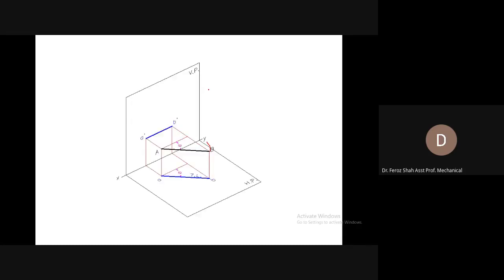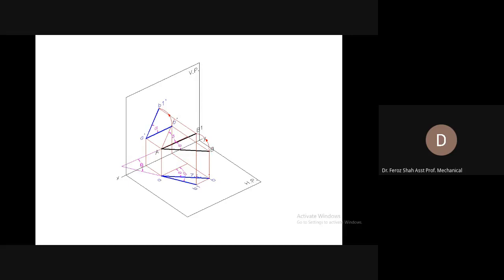Now, you can only see the shorter length in the top view if the line also becomes inclined to the horizontal plane. You can make it inclined to the horizontal plane as well by moving this end B away from the horizontal plane as compared to end A.